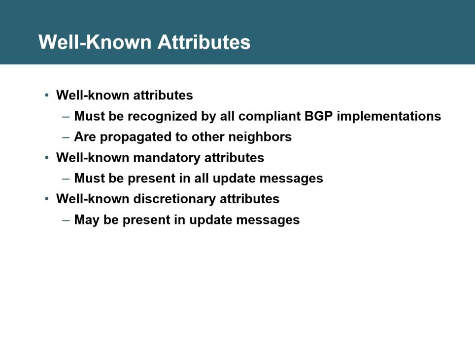If a routing table has a destination network, definitely there will be a next hop. There will be a gateway for that, the next router's address. That is a mandatory attribute. Next hop is one example of a well-known mandatory attribute.